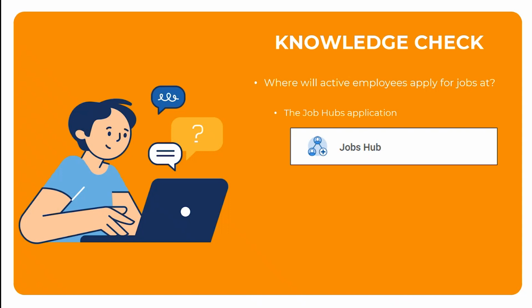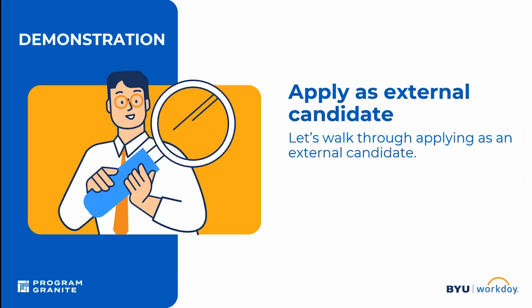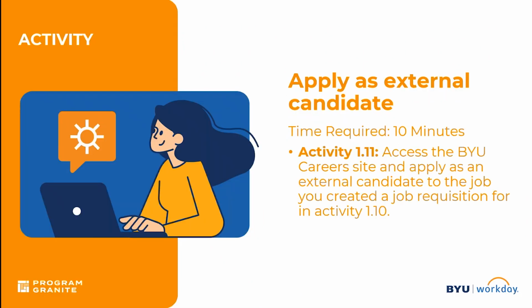Job Hub. Awesome. Okay, for our last demo and activity, and if you're heading out, no problem. You can do this at home. Everyone can do this at home. Don't forget to do the check-in. We're going to apply as an external candidate. You guys are going to do this as an activity. We're going to help you find that external link.